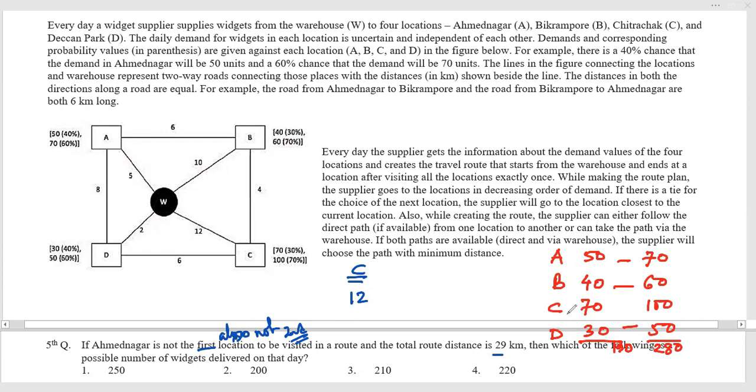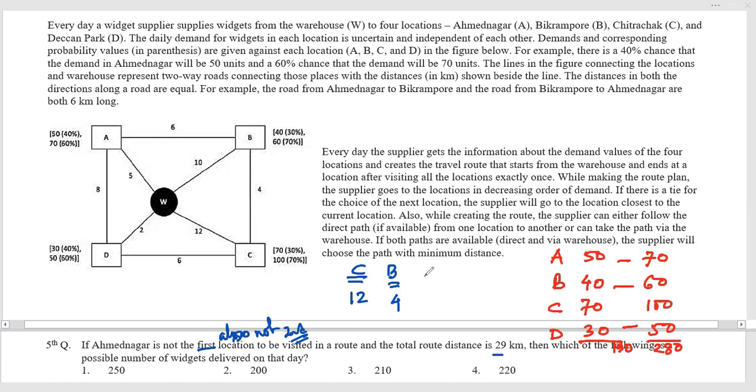Now C is the first location, that is sure. After that, A is not the second, so it can be B or D. Let's check one case. If it is B first, that is 4 kilometers. Then it is A or D, either can happen.